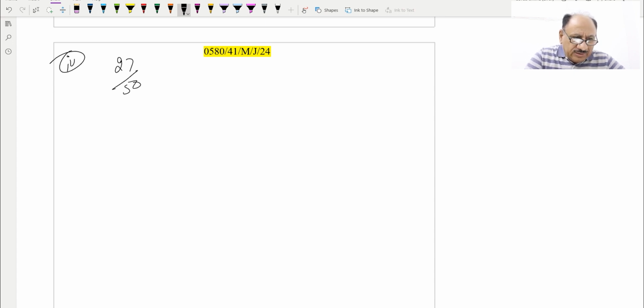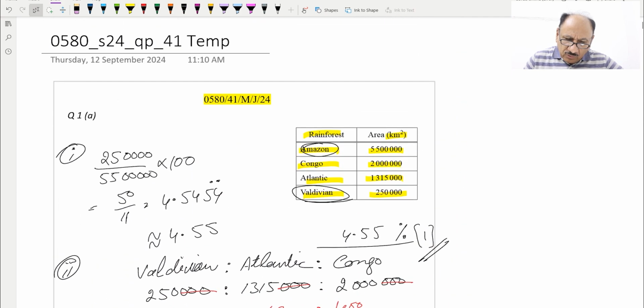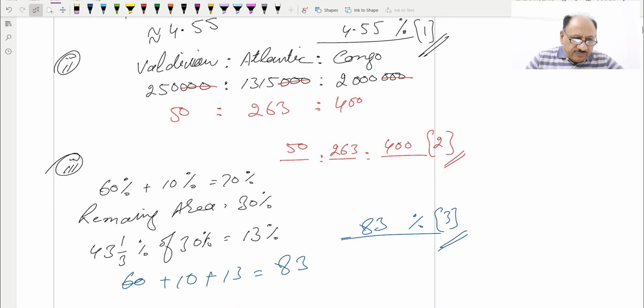So the total area is unknown, the area X, and 27 by 50 of it is the Amazon, which is 55 and 5 zeros.